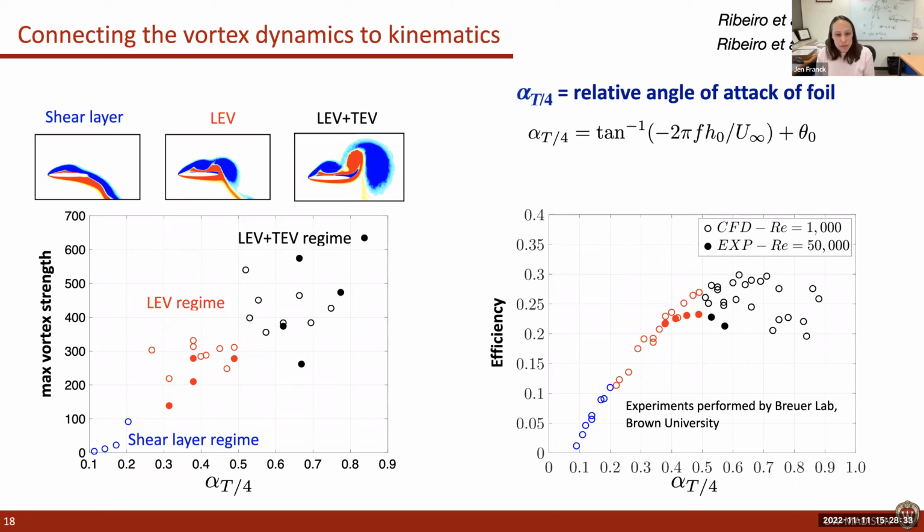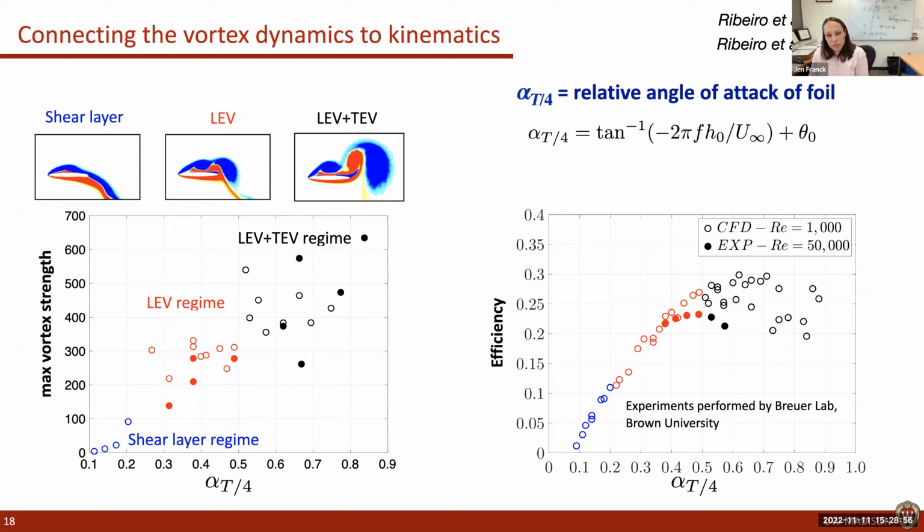And in the far right, we have an LEV plus TEV regime. So in this regime, not only do we have an LEV that's pinching off coherently, but the vorticity from the opposite side of the foil is rolling up into a trailing edge vortex and pinching off as a pair, an LEV and TEV pair.